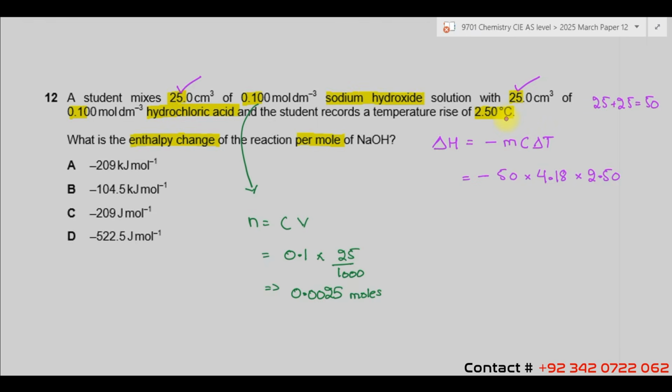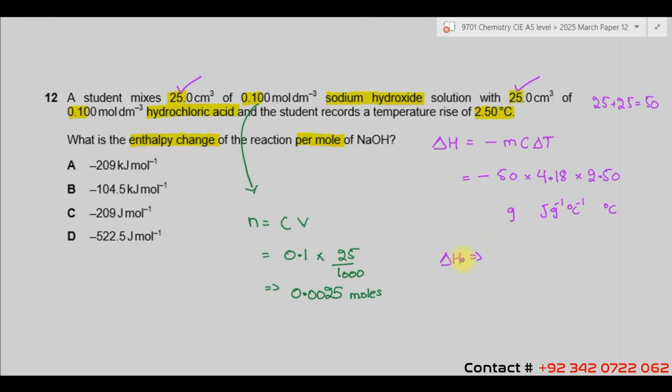We do not have to change temperature to Kelvin because C has a unit of joules per gram per degree Celsius. 2.50 is also in degree Celsius and this is in grams. So grams cancel out with grams, degree Celsius with degree Celsius. The only thing left will be joules.